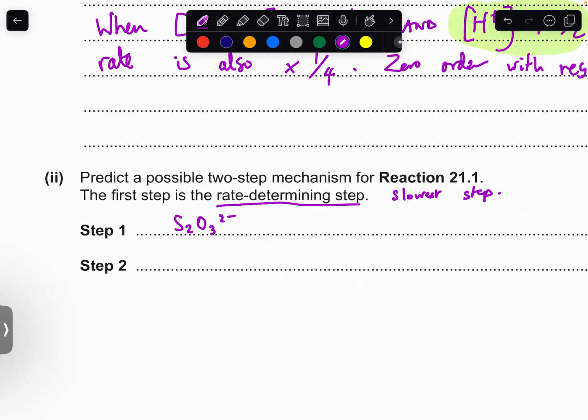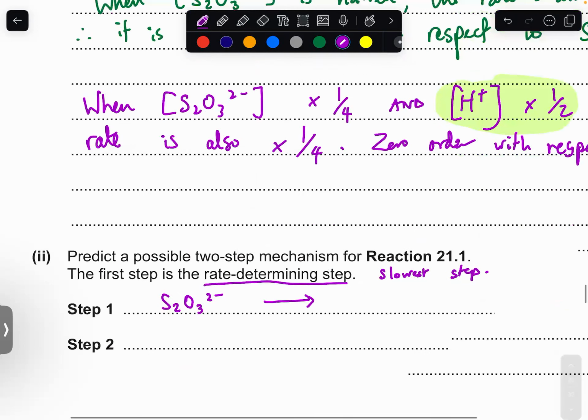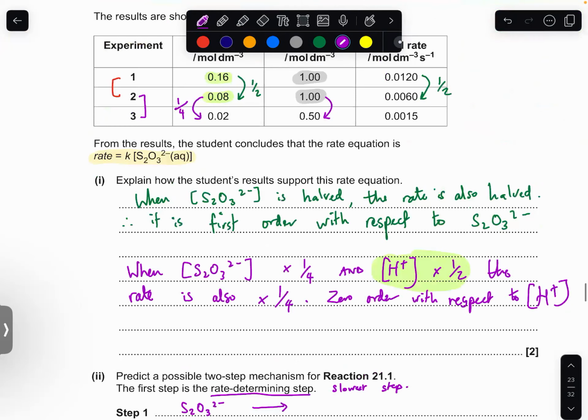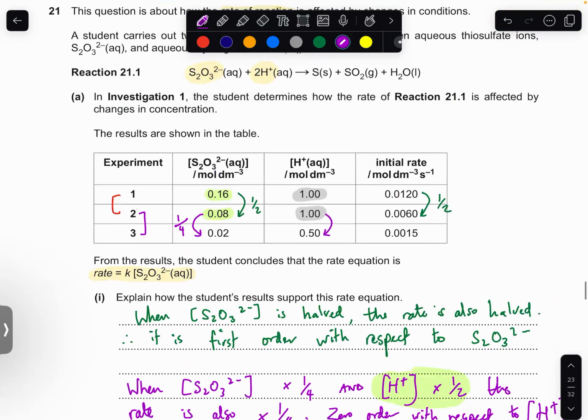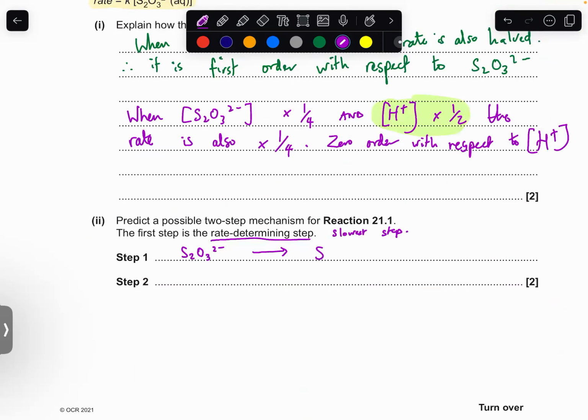This is in the slowest step, and what we do, we try extracting some of the products that are in the equation. What we could extract is, let's extract some sulfur, S. We've extracted one of the products, and whatever's left behind is SO3 2-. We can let that be the intermediate.